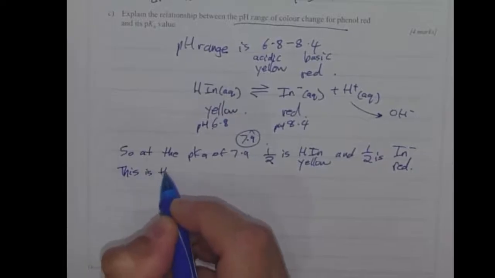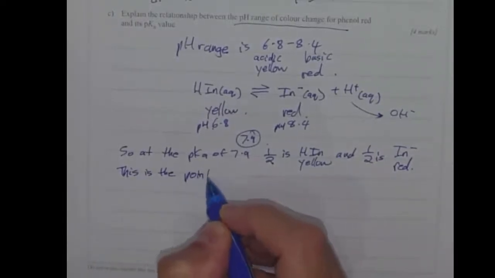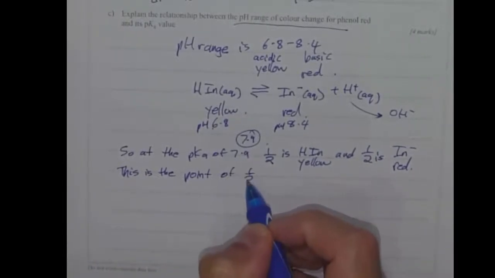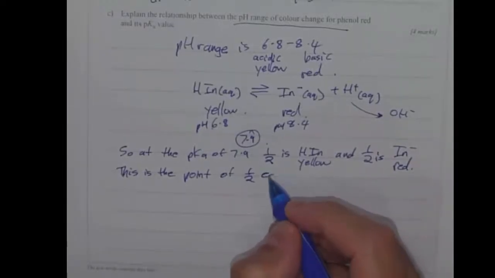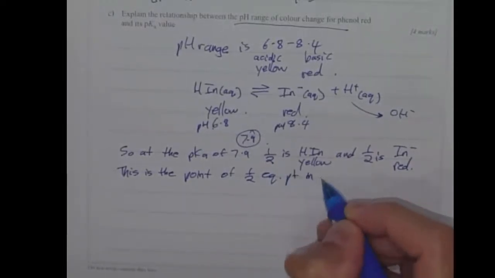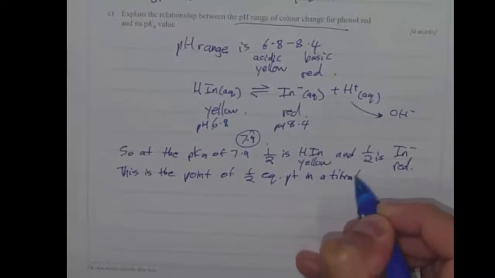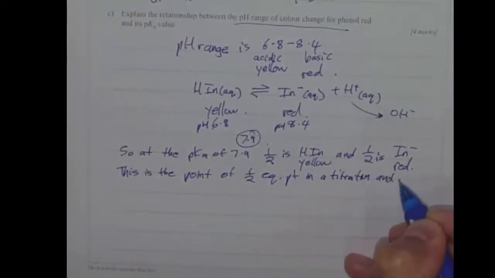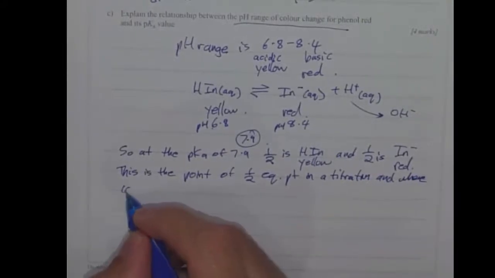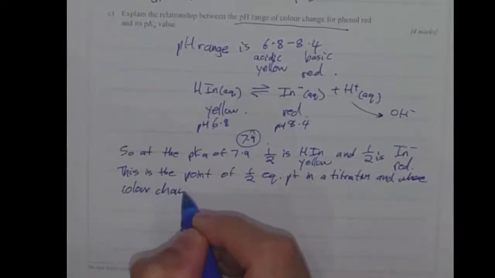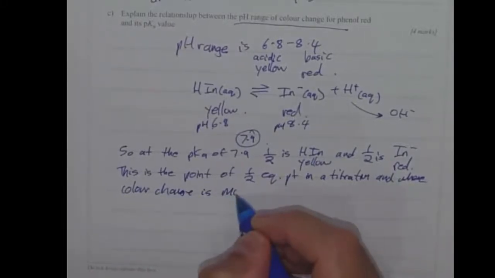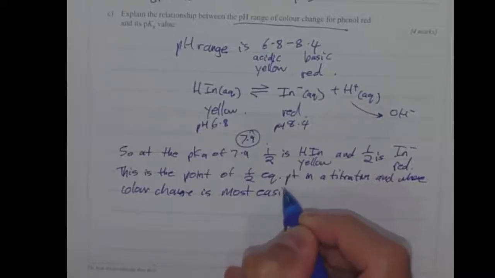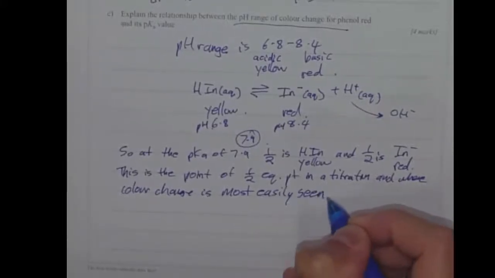This is the point of the half equivalence point in a titration, and where color change is most easily seen. I'm just going to write down everything I know. I don't know what they want.